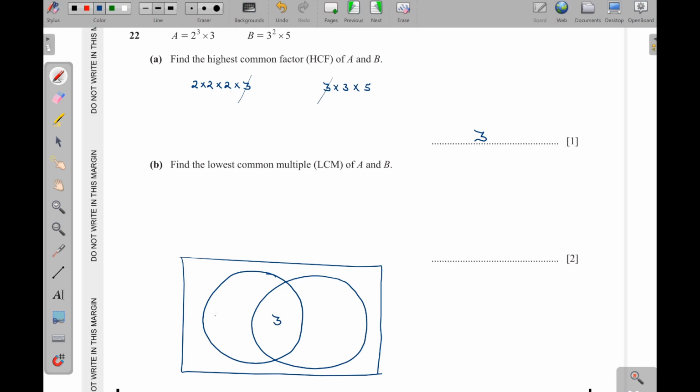So I'll have 2 times 2 times 2, then times the 3 will give us one number. You see that? Then this other number has 3 here. Then we shall have times 3 and then times 5. Not so? Yeah, this one that is left here. So this one is giving us B.